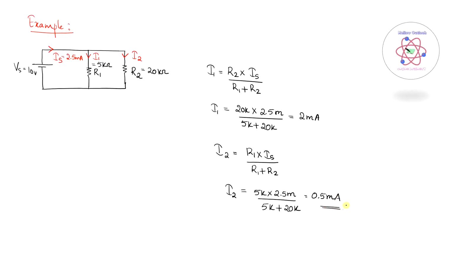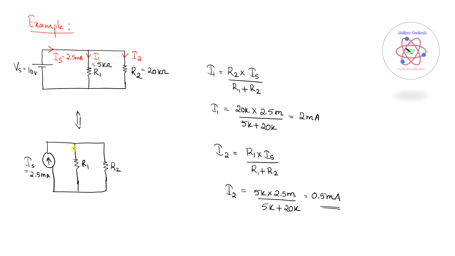So in this particular circuit, they had provided us with the value of the source current Is. The same circuit I can also draw with Is equal to 2.5 milliamps, with the resistance R1 and the resistance R2 being connected.